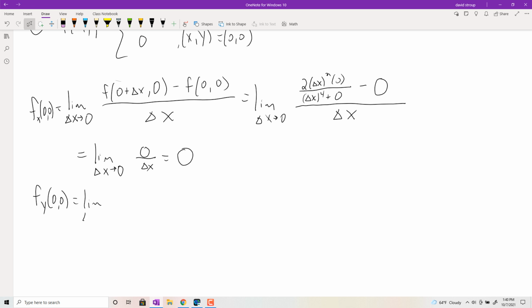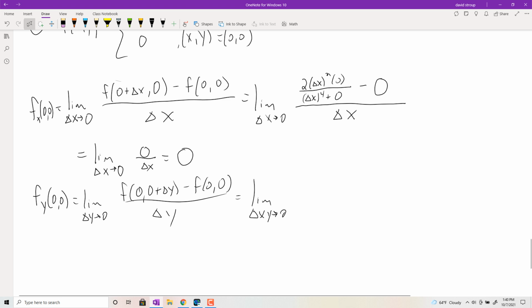Let's look at the partial derivative at (0, 0) in the y direction. So we have the limit as change in y goes to 0 of f of (0, 0 plus change in y) minus f of (0, 0) all over change in y.